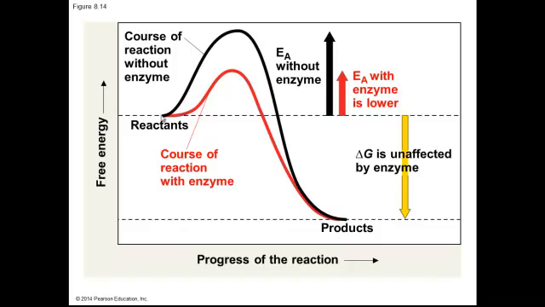If we have a reaction that starts with reactants at this level, and needs this amount of activation energy to proceed to the products, an enzyme might come along and lower this activation energy. Notice this is considerably lower than the activation energy without the enzyme. So the enzyme makes the reaction go more quickly, or facilitates it proceeding without any excess energy input.